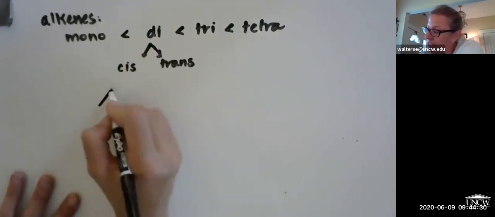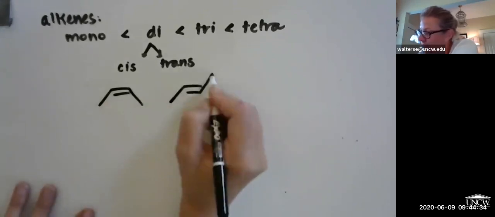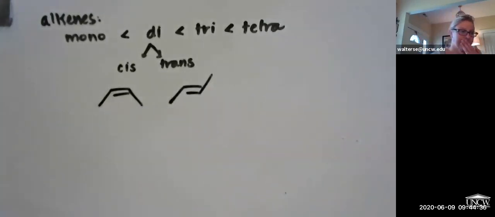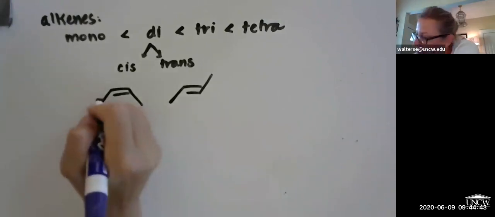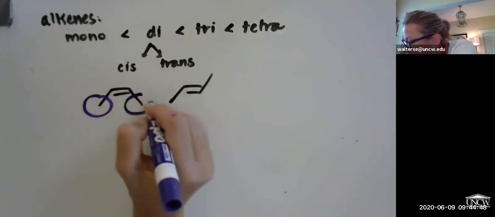So cis would look like this, trans like that. Now I'm going to use circles to draw the methyl groups in terms of the size.